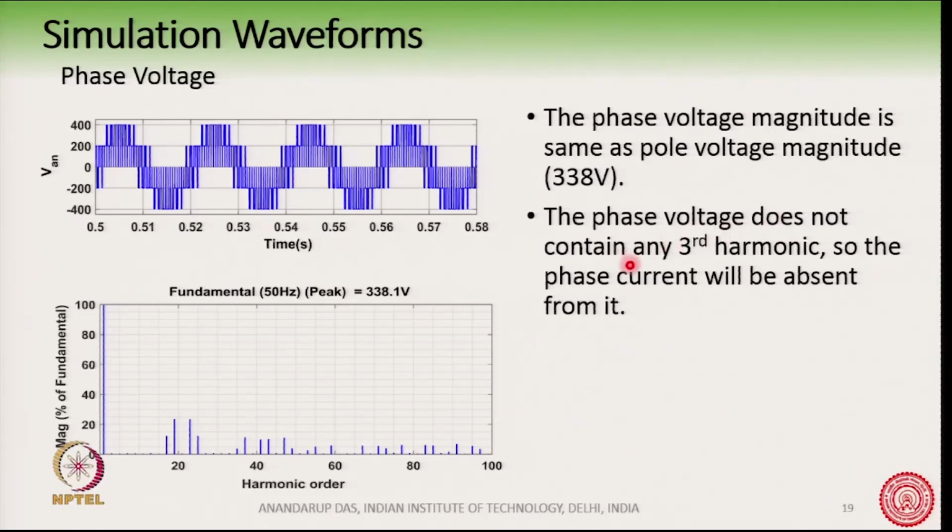So, the load phase voltage will also not contain any third harmonic, as you can see from the harmonic spectrum. So, in this way we see that by cleverly adding the third harmonic in the modulating waveform, we can get a third harmonic voltage in the pole voltage waveform, but it will disappear in the line voltage and eventually it will disappear in the phase voltage.